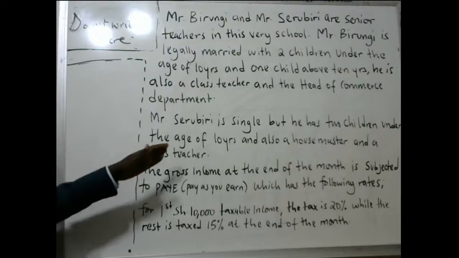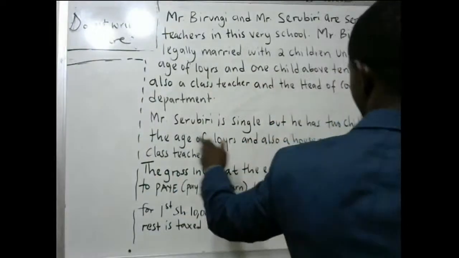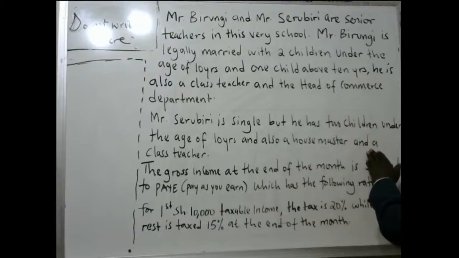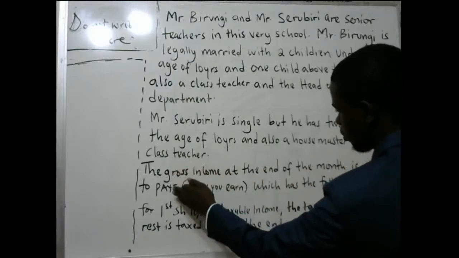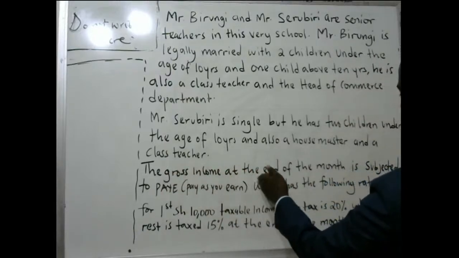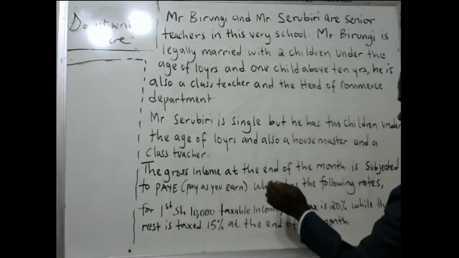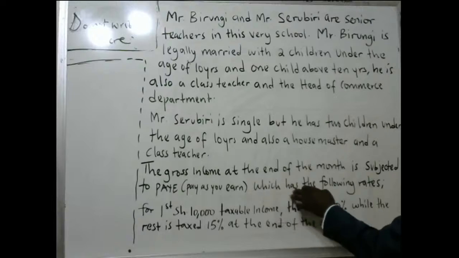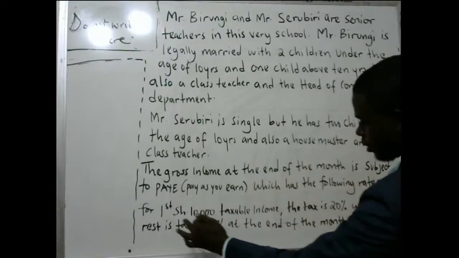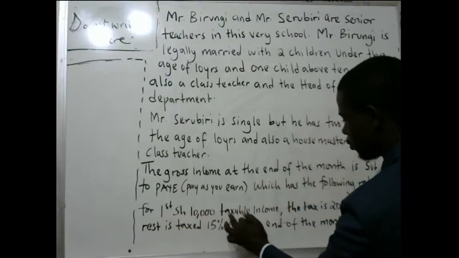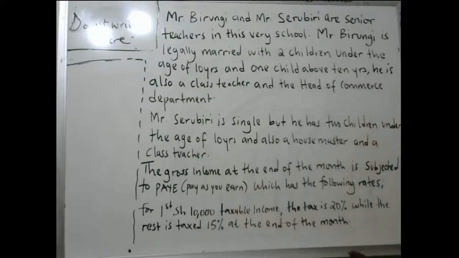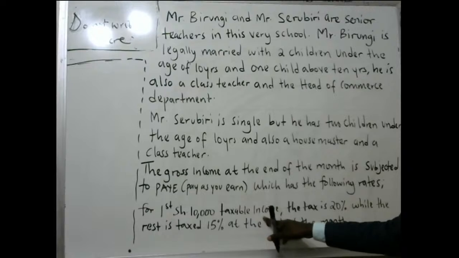So Mr. Serubiri is single but has 2 children under the age of 10 years and also a housemaster and a class teacher. The gross income at the end of the month is subjected to PAYE, which means pay as you earn, which has the following rates.